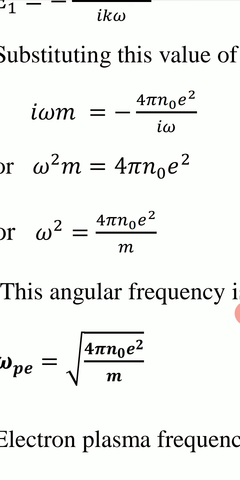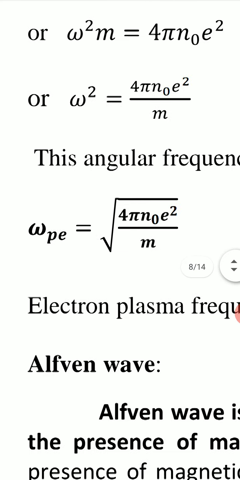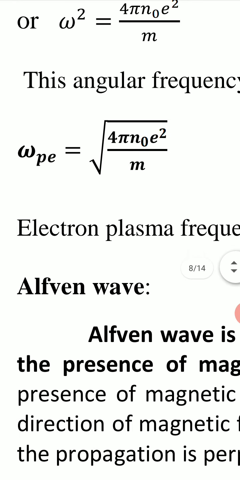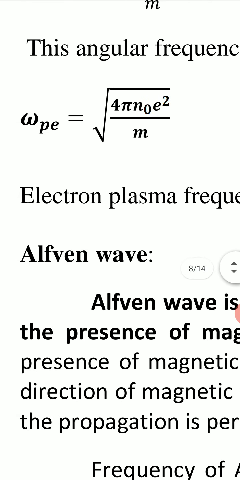Here i square becomes minus 1 and the minus is cancelled out, which gives omega square equal to 4 pi n0 e square upon m, and this gives omega equal to under root 4 pi n0 e square upon m. This omega we write as omega Pe, and it is known as the electron plasma frequency. So in this way we find the expression for the electron plasma frequency: omega Pe equal to under root 4 pi n0 e square upon m.